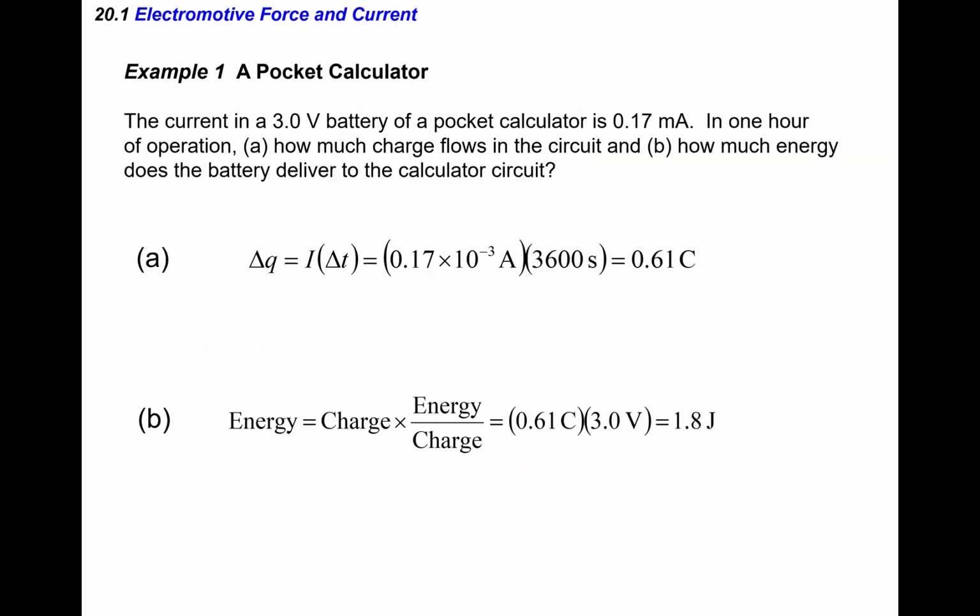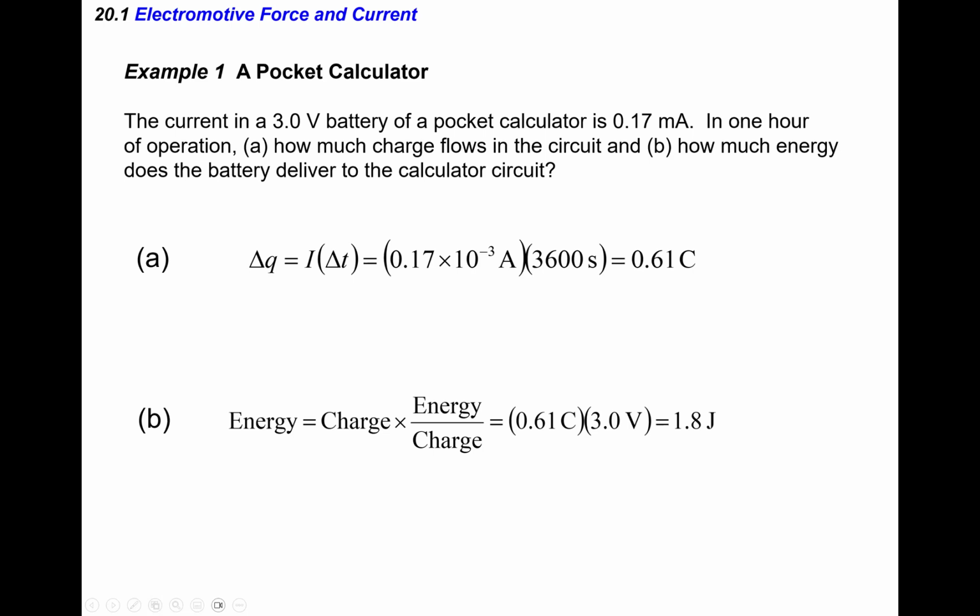Okay, now we have a very short calculation here. If we have a 3 volt battery in a pocket calculator, and the current in the pocket calculator is 0.17 milliamp, you are going to calculate in 1 hour of operation how much charge flows in the circuit. It's very simple.